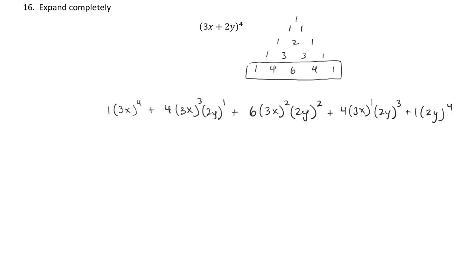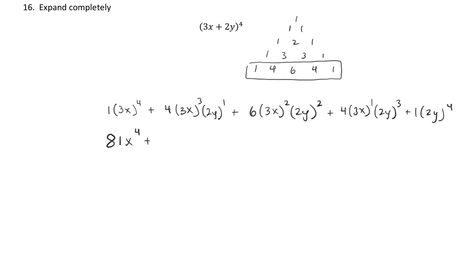And now we simplify the expressions. 3x to the fourth power is 3x times 3x times 3x times 3x, and then times 1. 3 to the fourth power is 81, so that's 81 times x to the fourth. Now here we have 3x to the third power, so that's 3x times 3x times 3x, which is 27x cubed.